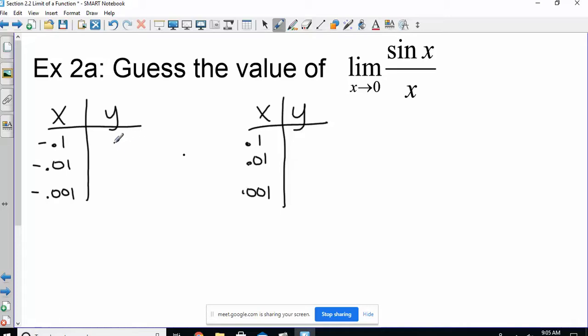Negative 0.1, what did you get? 0.8.3, actually. No problem. Okay, negative 0.01.